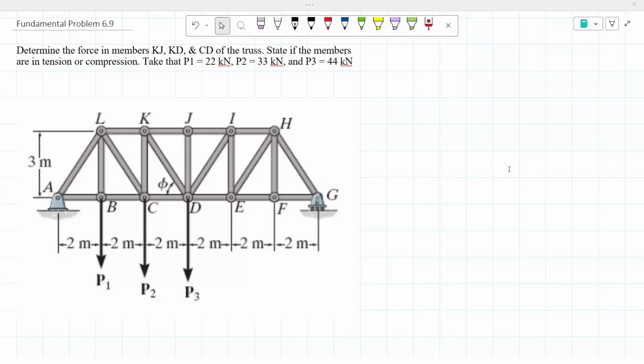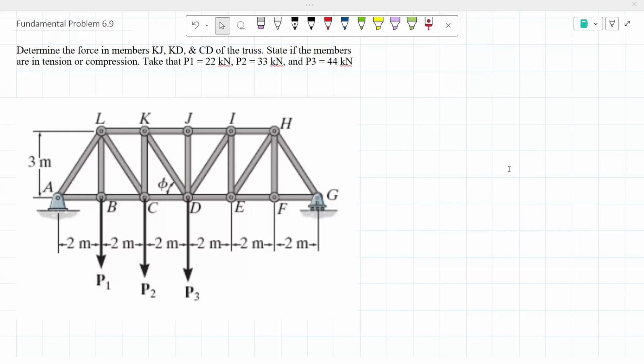to decide where I'm gonna cut the truss, exactly how I'm gonna cut it. And one thing to keep in mind when you're determining where to put the cut is to make sure that it passes through all the members that it is asking you to determine their force.